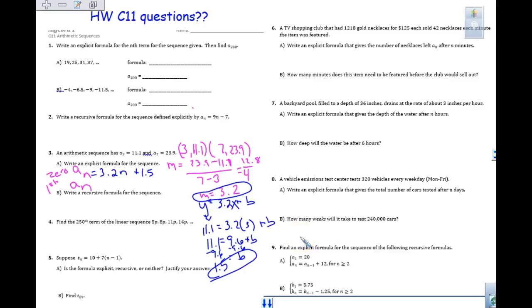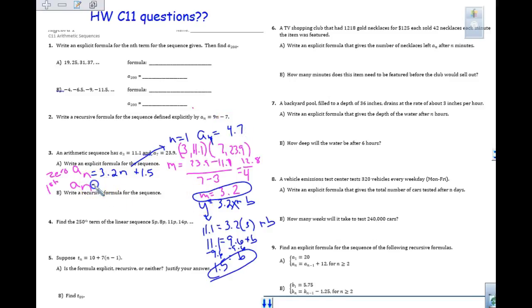If I am using the first term, I then want to go into this equation and replace the n with 1. Replace n equals 1 in this equation, and I get a sub n would be my first term. My a sub 1 would actually be 3.2 plus 1.5, which gives me 4.7.